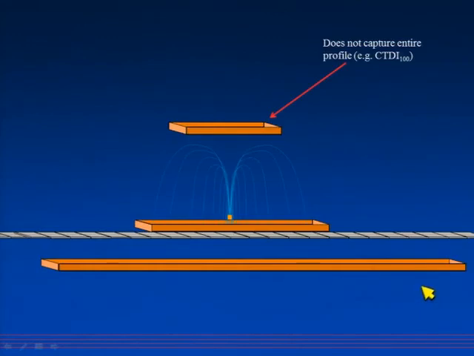Okay. So we have three situations. We've got this tray that's long enough to capture the entire amount of water, and we've got this tray that's a little bit shorter, and this is like our CTDI100 chamber, or the 100 millimeter chamber that most of us are used to using who make these kinds of measurements. Now, both of these will capture all of the water, but you'll get a different number when you read your dosimeter with this chamber than you will with this chamber, whether you're reading dose or exposure.